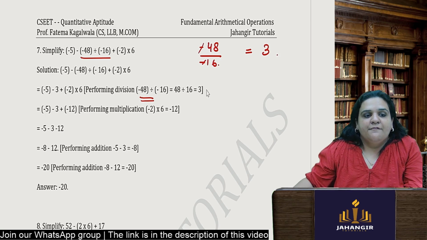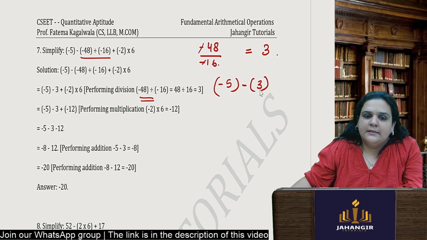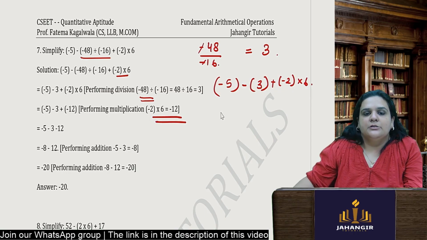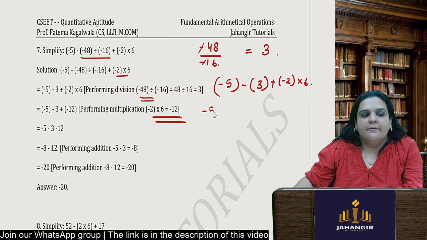Right. So if I will say minus 5, minus in the bracket if I am putting 3, it is a positive integer. Then I have plus minus 2, I am writing this as it is, into 6. Now after division I will do the multiplication. So when I will do multiplication I will get minus 5.